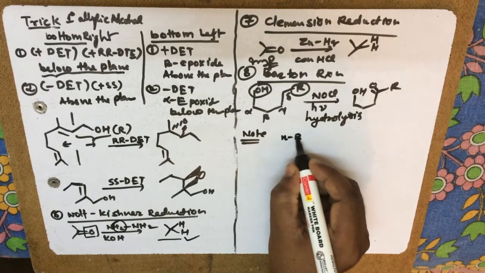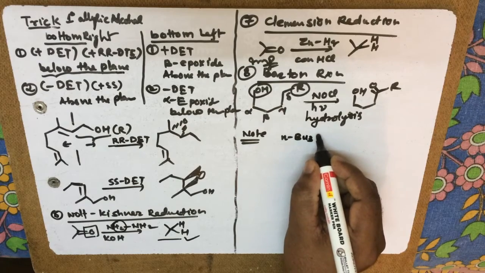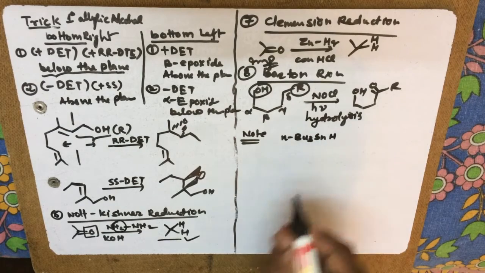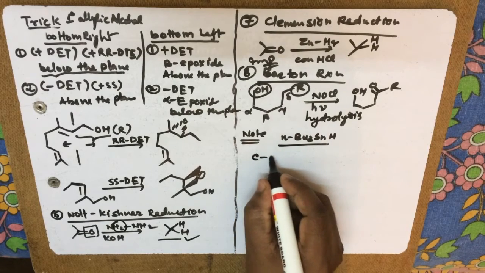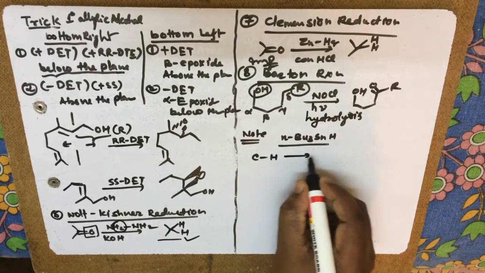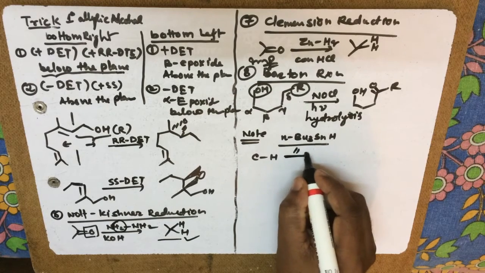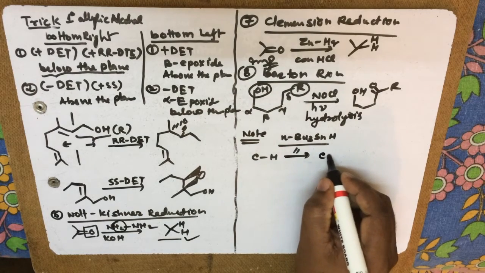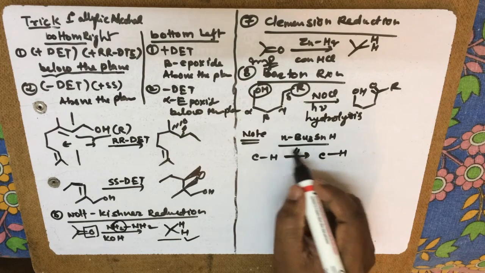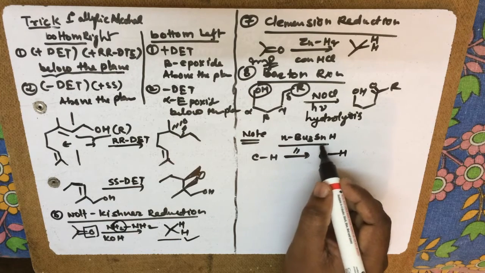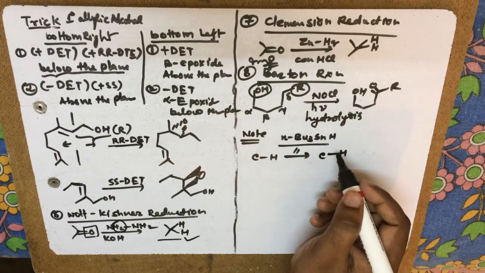So this is your tri-n-butyltin hydride. What is the role of this? In this reaction condition you will get this. Basically, what is the role of tri-n-butyltin hydride? It basically forms radicals.